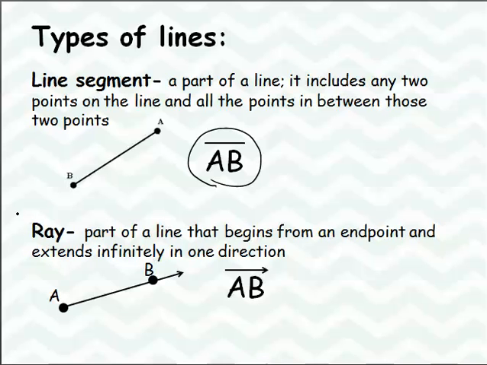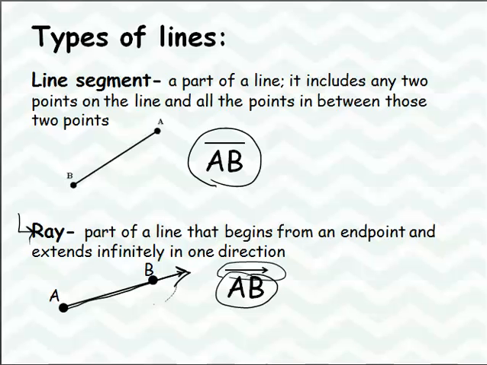The next one is a ray. A ray is a part of a line that begins from an endpoint, and then continues on in one direction, so it has an arrow indicating it's going to keep going. We name it by putting the one direction arrow, not both directions, and then the 2 capital letters that represent it.